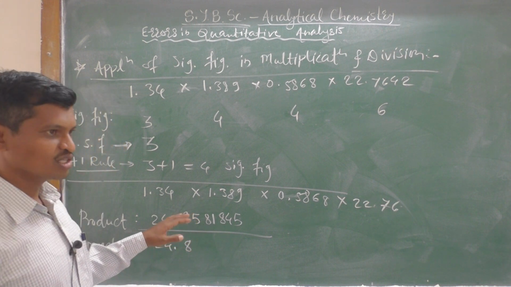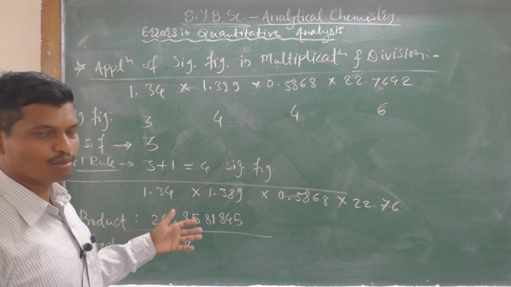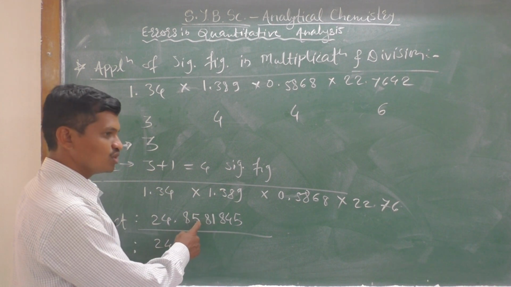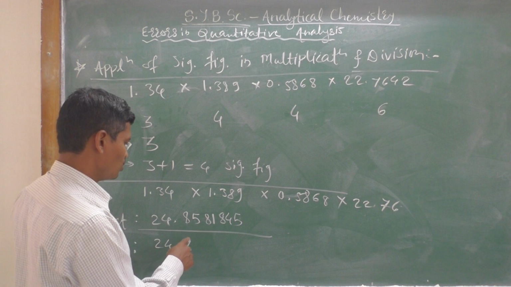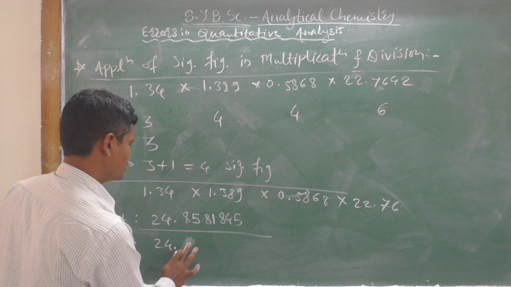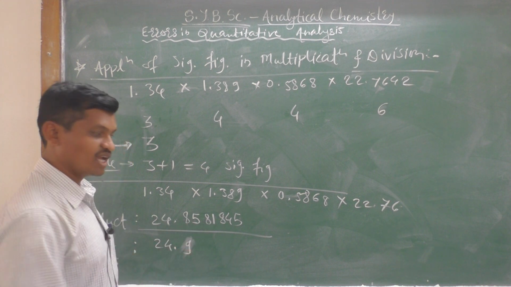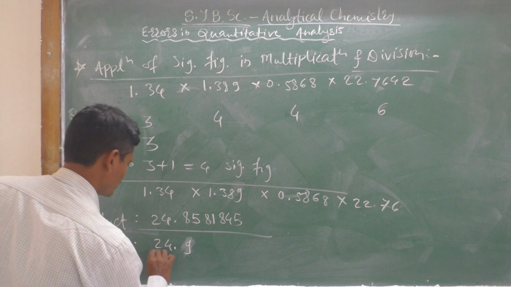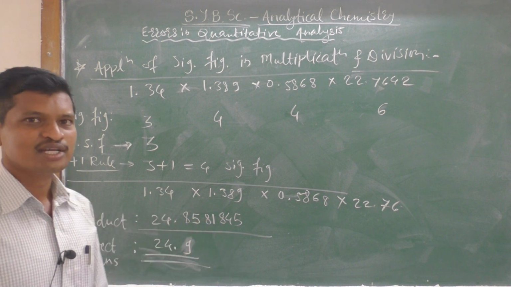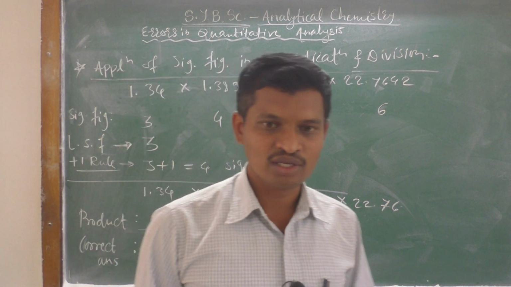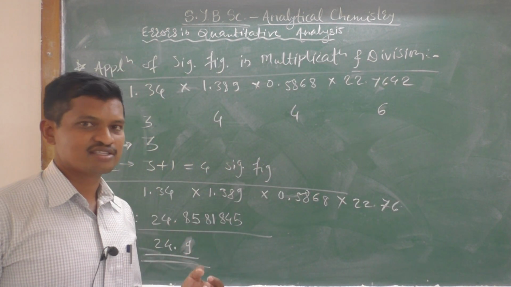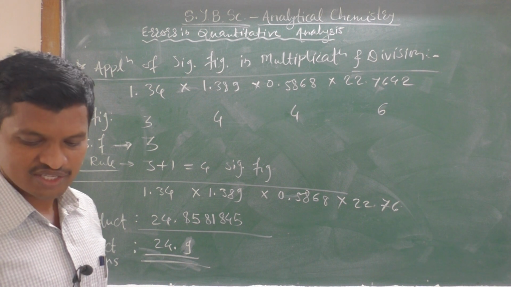This 5 is a greater number, or as per the rounding off rule, the next number is 5, so 0.85 can be rounded up to 0.9. Okay, so the correct answer is 24.9. 24.9 is the correct answer of this multiplication. Okay, so I think with the help of this example, you will be able to write or solve the problems based on the significant figures.